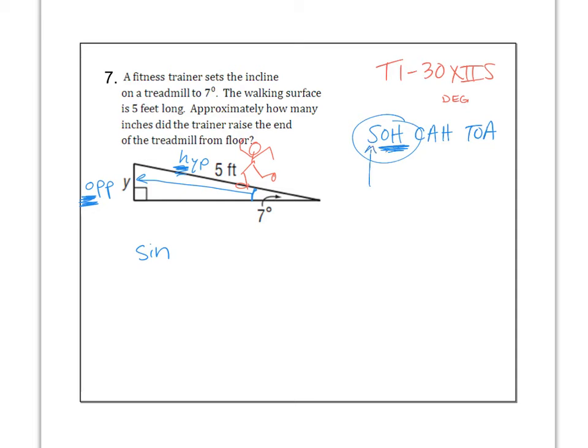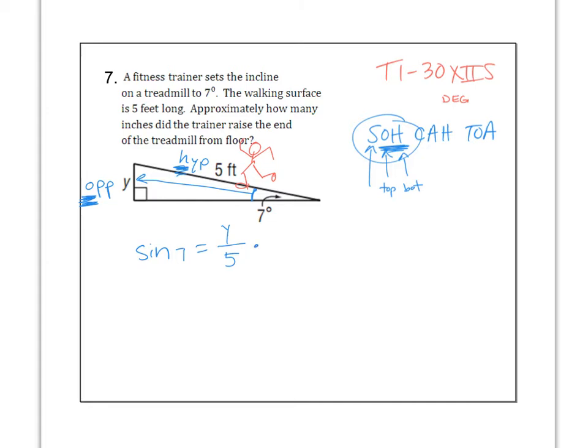And then it's opposite on top and hypotenuse on bottom. So we're going to go opposite, sine of 7 equals opposite on top, so y, and hypotenuse on the bottom, so 5. And that's your equation, sine 7 equals y over 5.